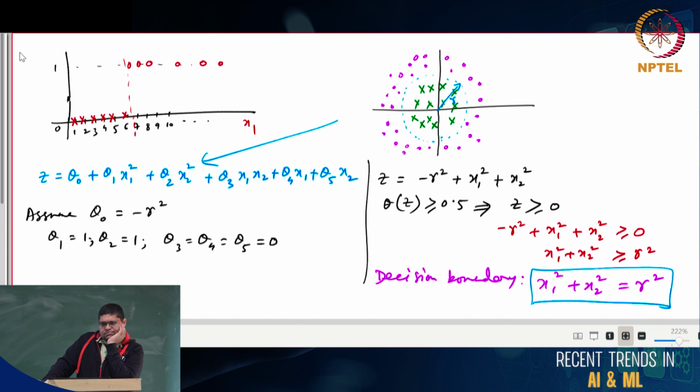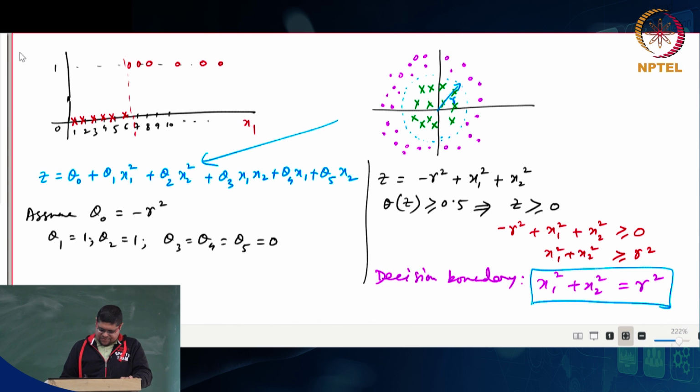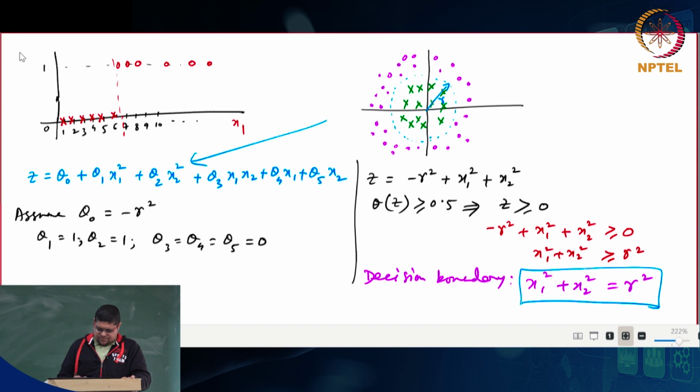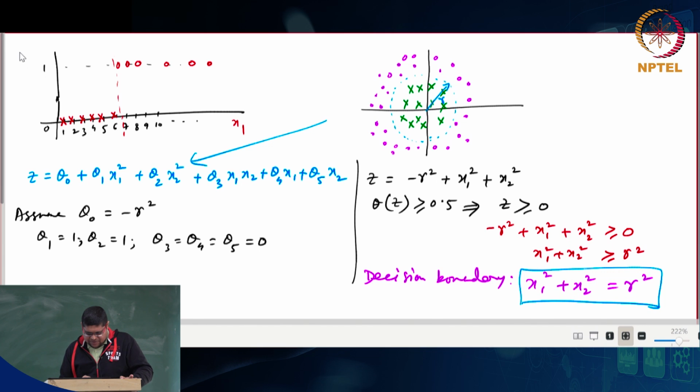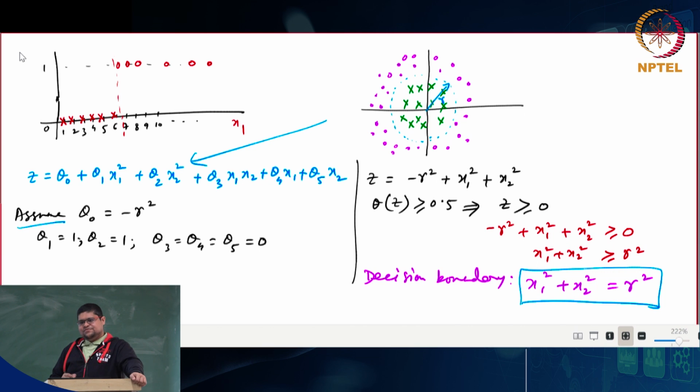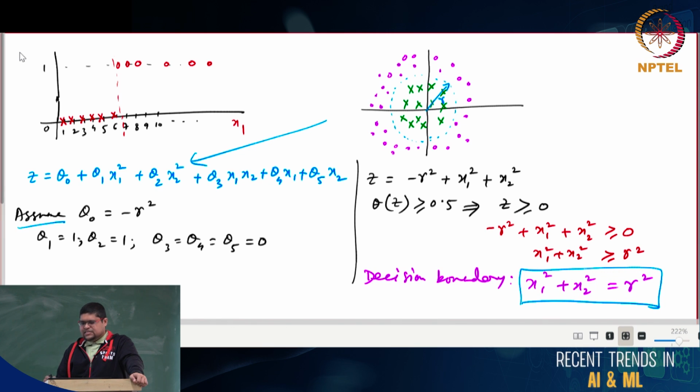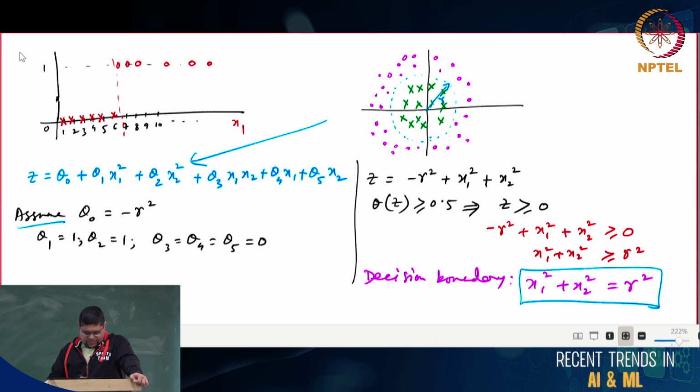Yes, but here I am just giving some example. We have not learned yet. I am giving you these theta values just for knowing the decision boundary. But by learning, if we get something like this, it is good. How to learn that will come now.